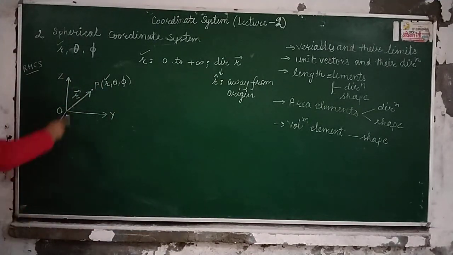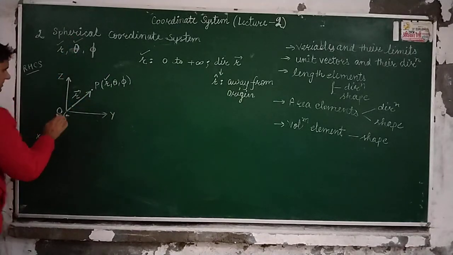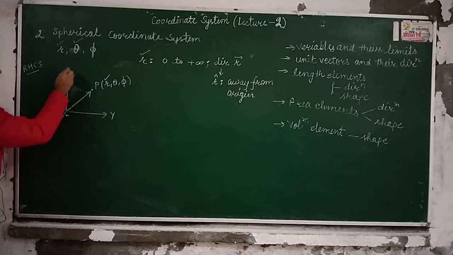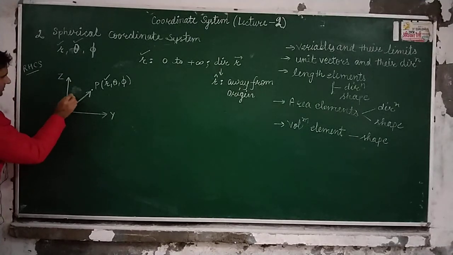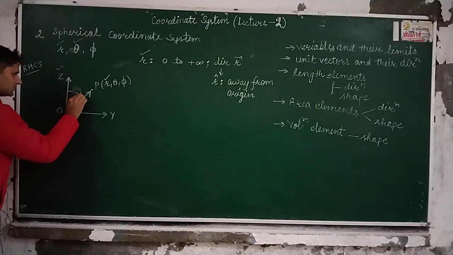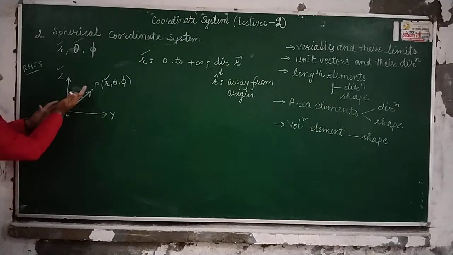Now we are to discuss another variable, that is theta. Theta is measured with respect to the z-axis. It is the angle made by the radius vector with respect to z.